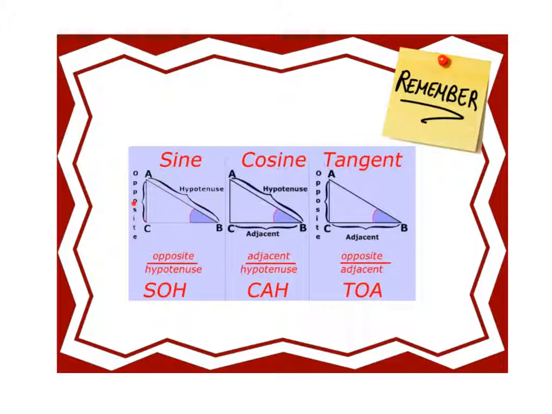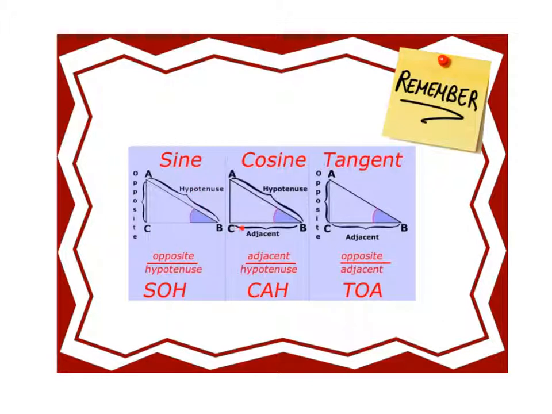The ratio of the opposite to the hypotenuse will stay the same in every triangle that has this same size angle. So if it always has the same ratio, we give it a name. We call it the sine when we look at the ratio of the opposite leg to the hypotenuse. Anytime you look at that ratio, that's called sine.